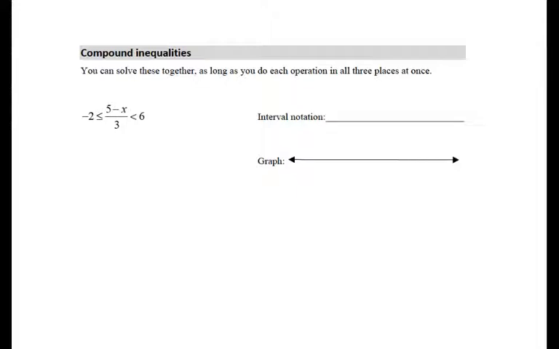When solving a compound inequality, remember this is a compound inequality because it has 2 inequality symbols in it and therefore 3 places. We can solve it all as one unit, with the goal being, if x is in the middle here, to get x alone.